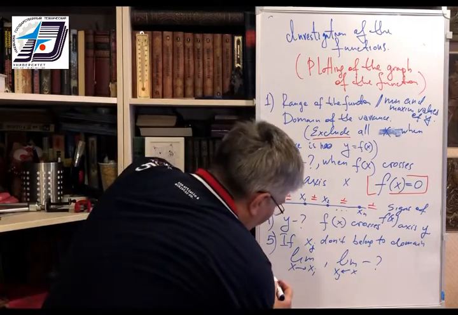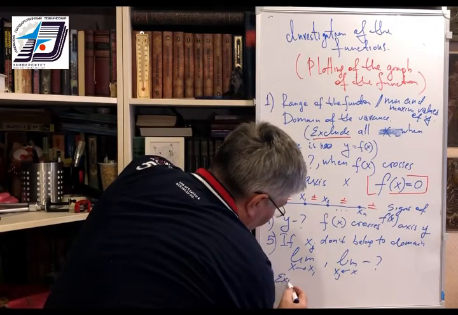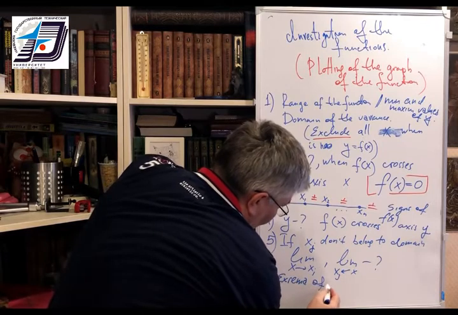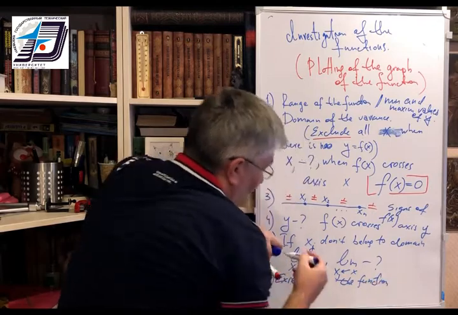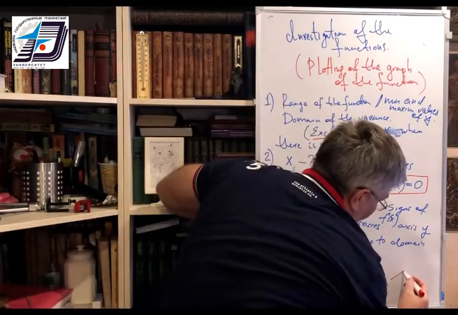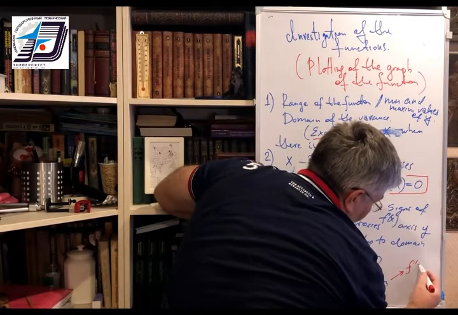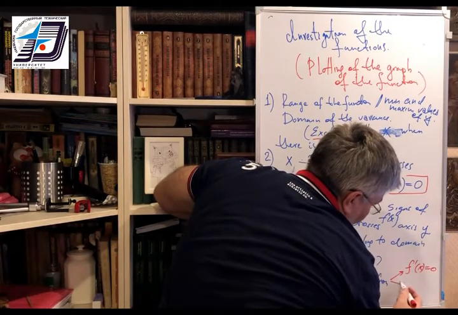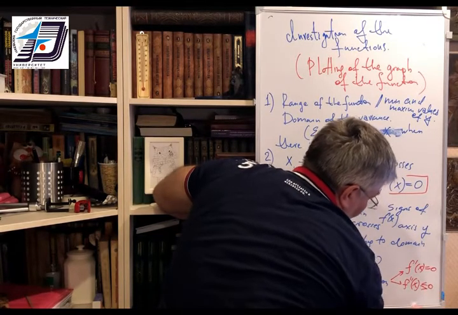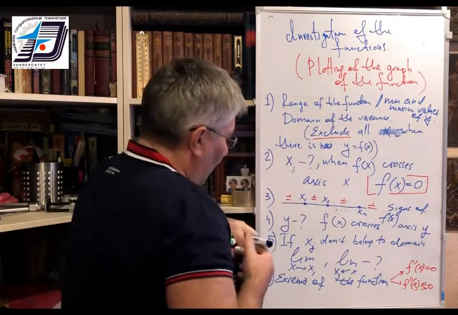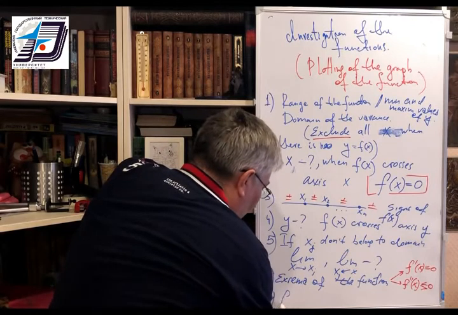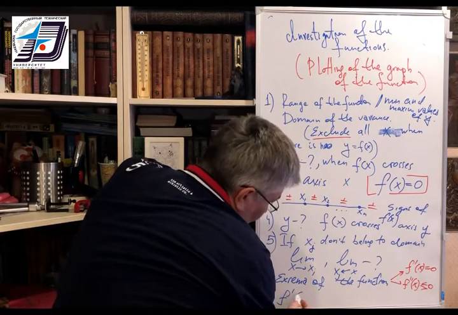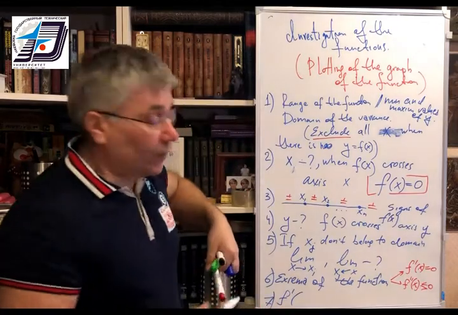The sixth one, we have to define extrema of the function. We know that we have to use the necessary condition and the sufficient condition. And the seventh step, we have to calculate f of x when x are extrema of the function.